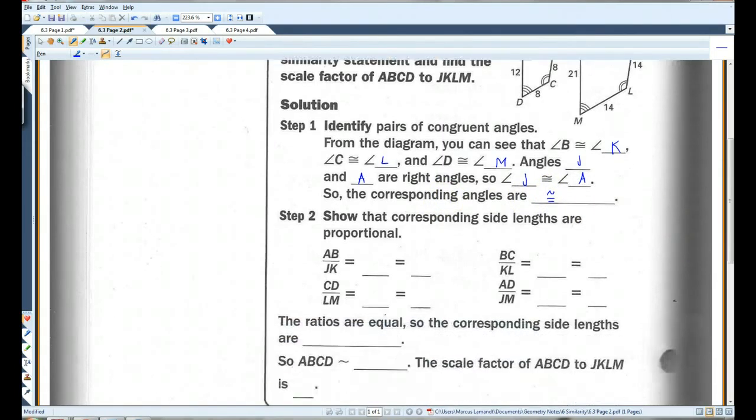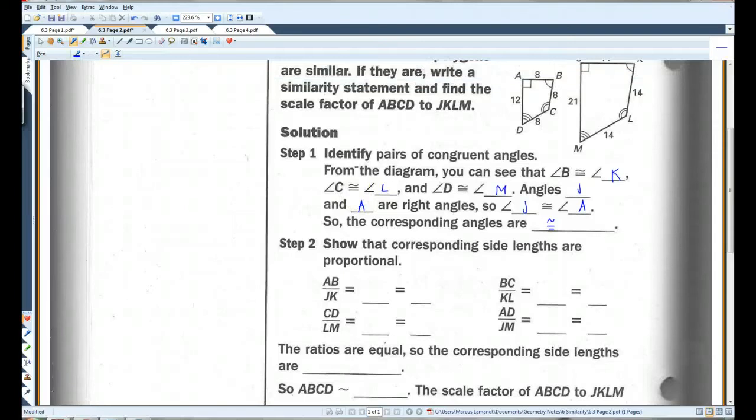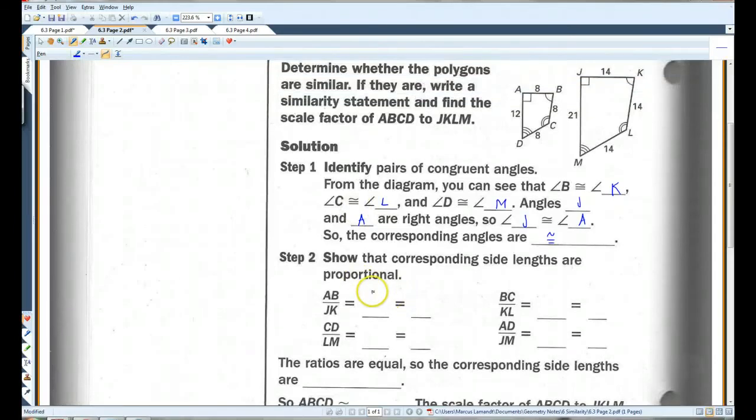Now we just need to show that the corresponding side lengths are proportional. AB over JK is 8 over 14. I'll divide top and bottom by 2. I have 4 over 7. BC over KL, also 8 over 14. CD over LM, once again, 8 over 14.